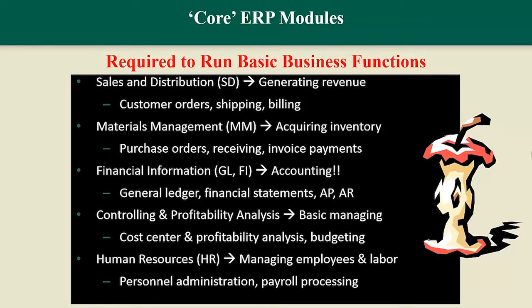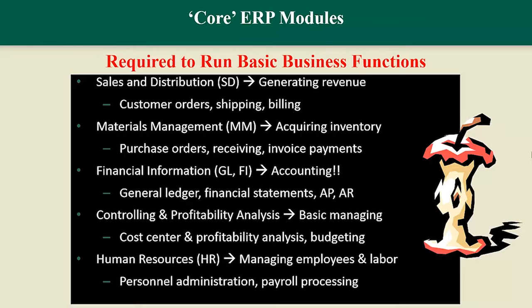We have sales and distribution for generating revenue, such things as customer orders, shipping, billing. Materials management for acquiring inventory. Here we would see purchase orders, receiving, invoice payments. Financial information module. Here's where we find accounting, general ledger systems, financial information and financial statements, accounts payable, accounts receivable.